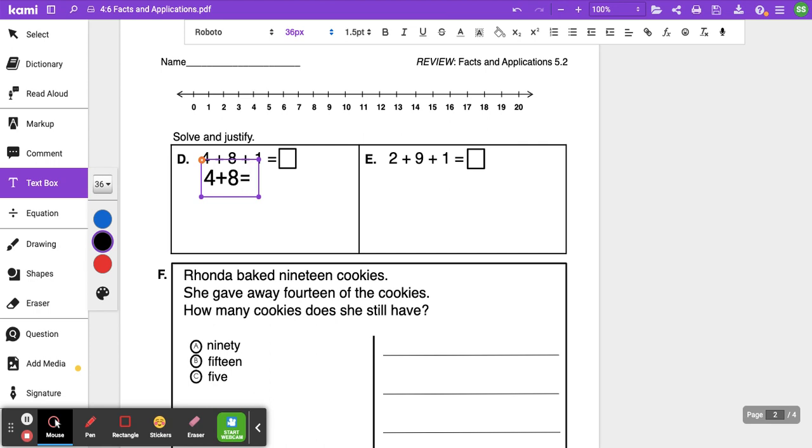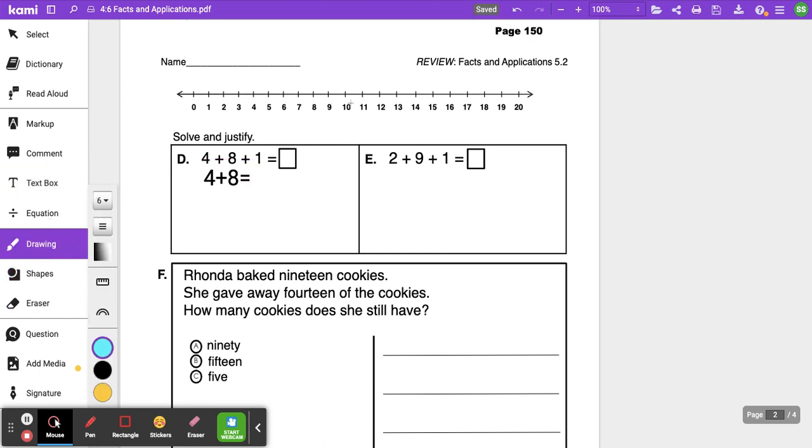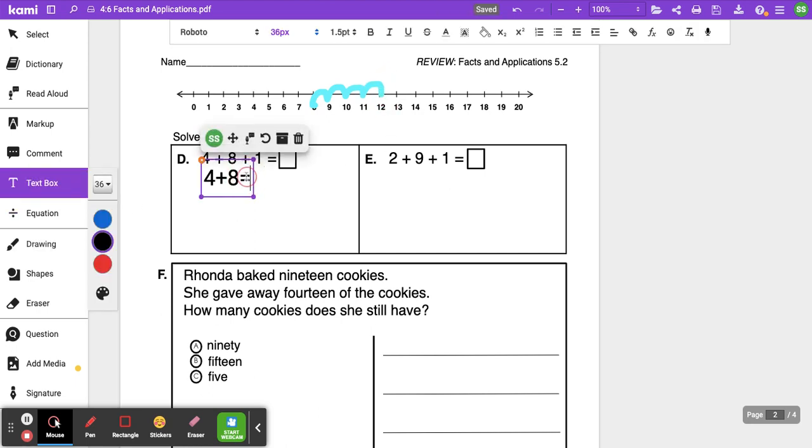What does 4 plus 8 equal? Take the larger number 8, add on 4. I can show that here, starting at 8, and I want to add on 4. 1, 2, 3, 4. What does that make? That makes 12. The sum of 12.